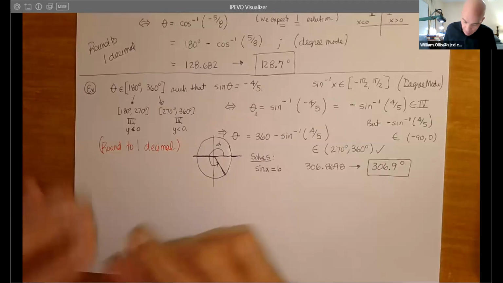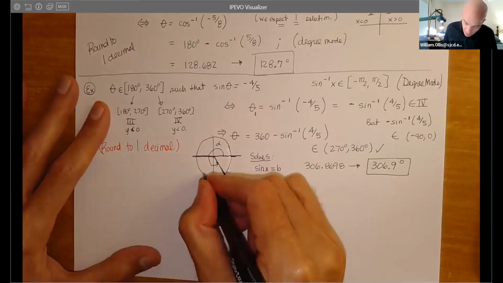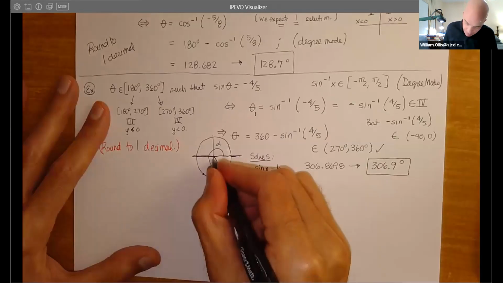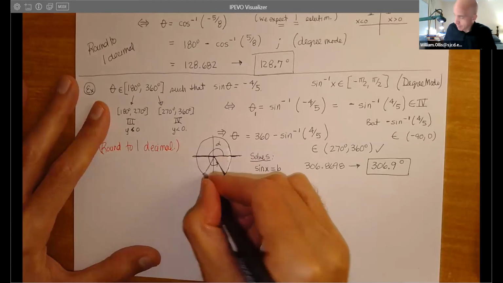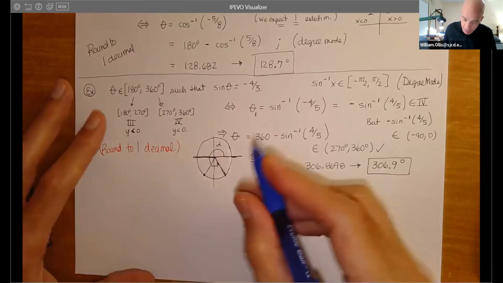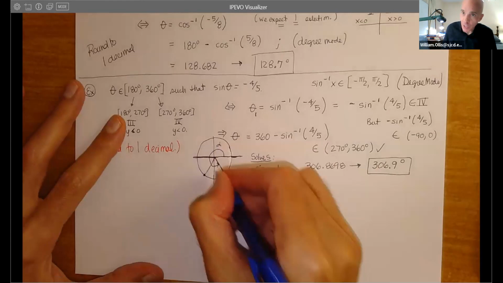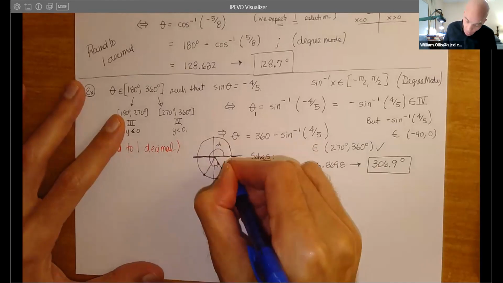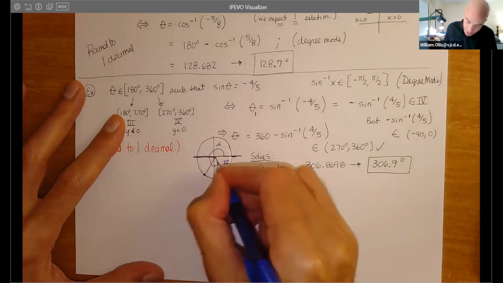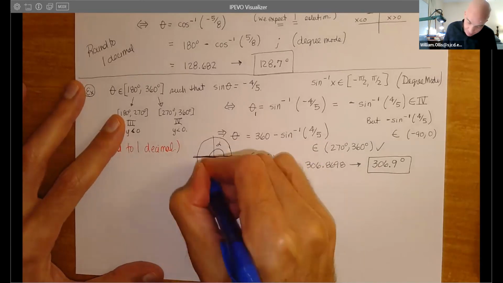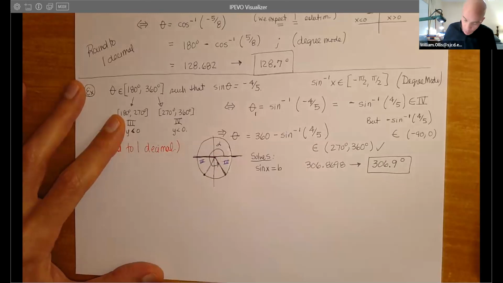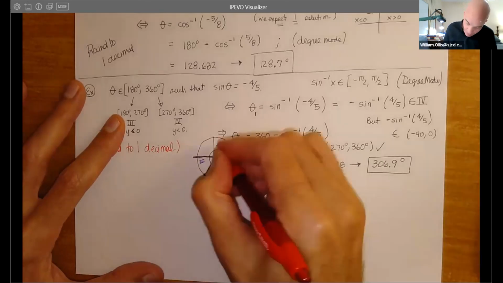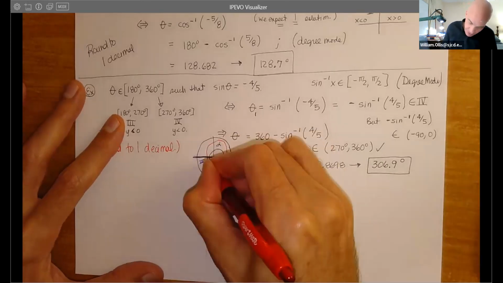And then here, by symmetry of the sine function, because the sine sign is the same in the third and fourth quadrant. So here's 4, and here's 3. And then as we move around here, this gives us beta.